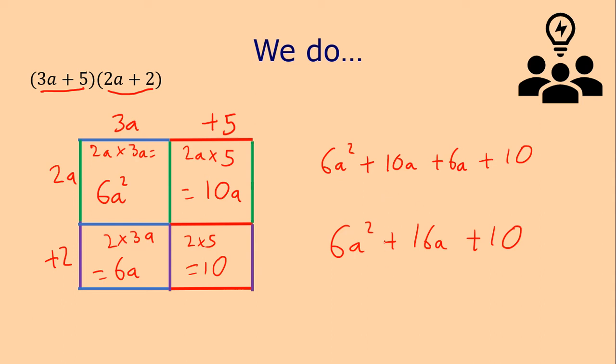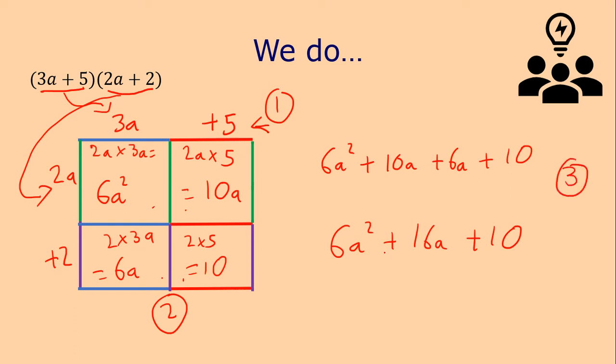Okay, so this is how we would expand this one. And again, notice the steps. First thing I want you to do is set up the rectangle and label it in the correct way. And again, it's as easy as taking one of these brackets, putting it there, and one of these brackets and putting it in there. That's your first step. Your second step is to fill out all these boxes with the correct multiplication. And your third step is to write it out as an addition and simplify it as required.